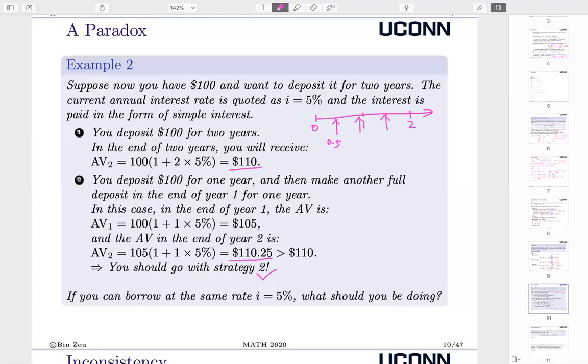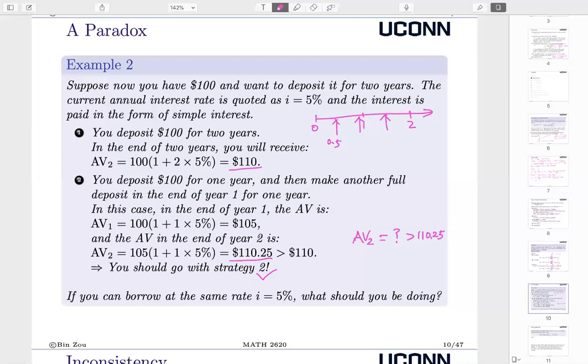So every half a year you withdraw and make another deposit. So in total, you are going to do the deposit 4 times, okay? And then you calculate what is your AV2 at the end. Is it bigger than 110 plus 25 cents? Okay, check that.